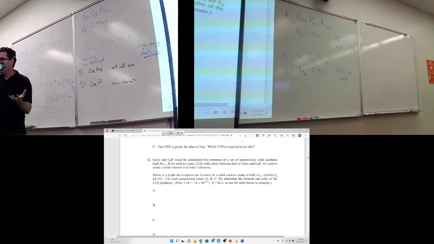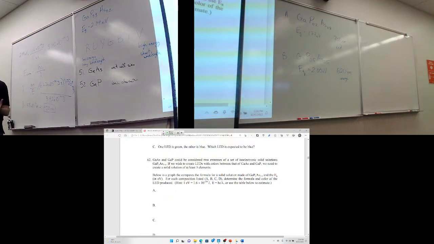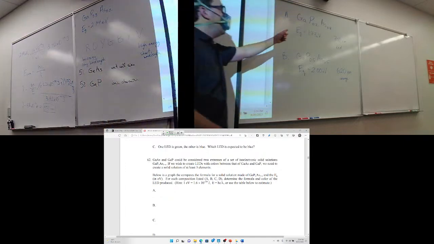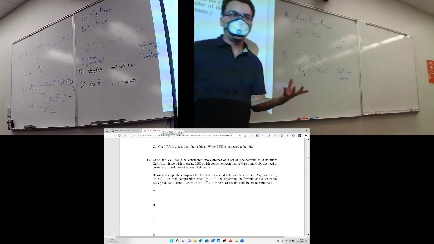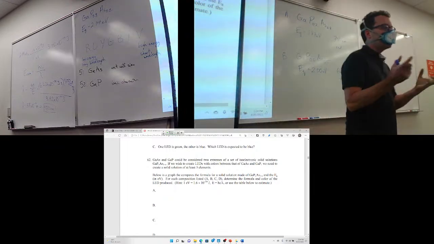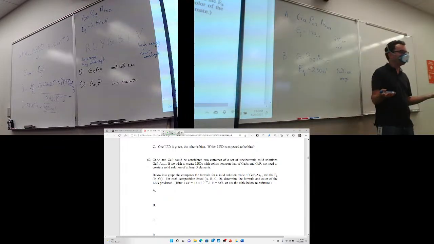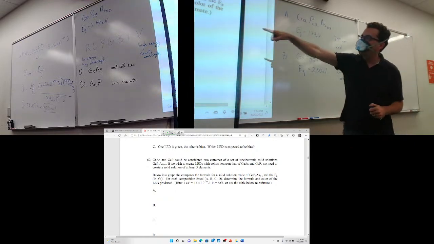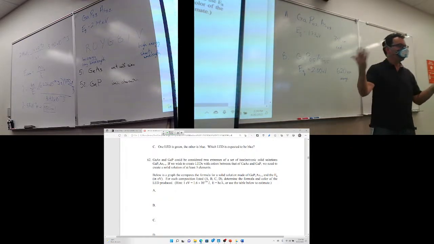You can use size, or you can also use difference in electronegativity. We're swapping something with a low electronegativity for something with a higher electronegativity. Phosphorus is a little bit higher, so the difference in electronegativity between them is also increasing. It's becoming more ionic. So this is less ionic, that is more ionic, and that's why the band gap's going up.